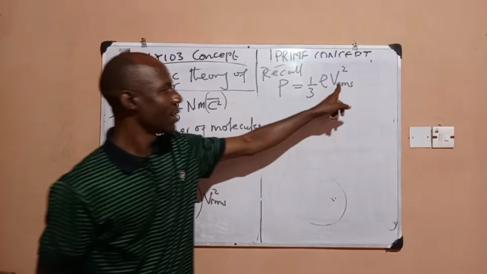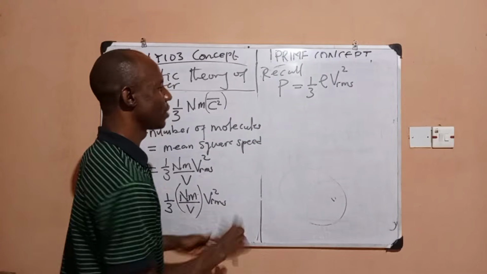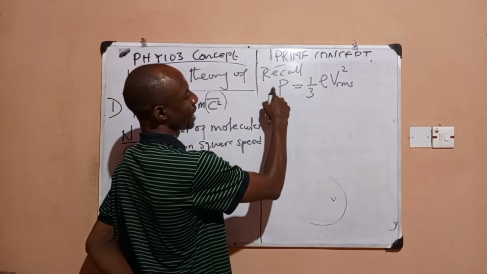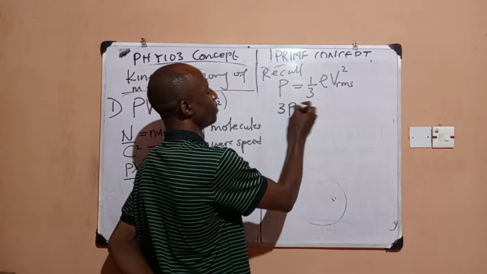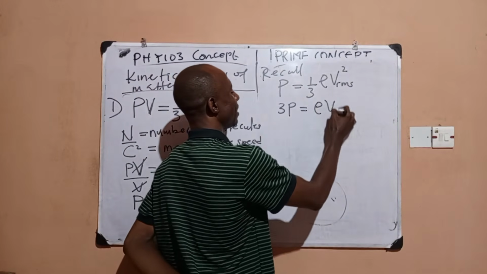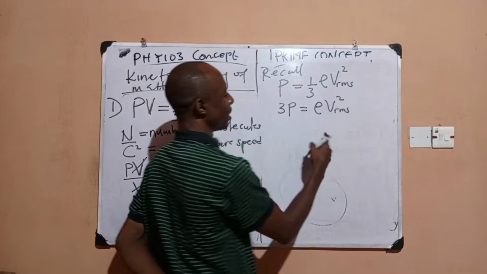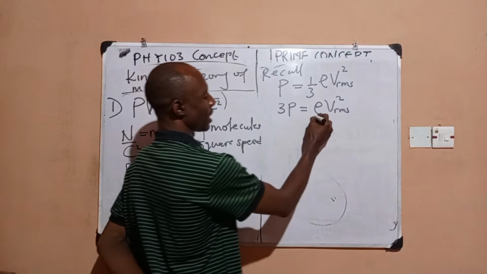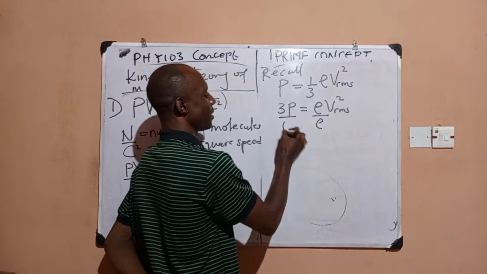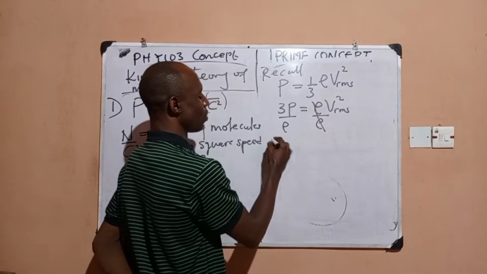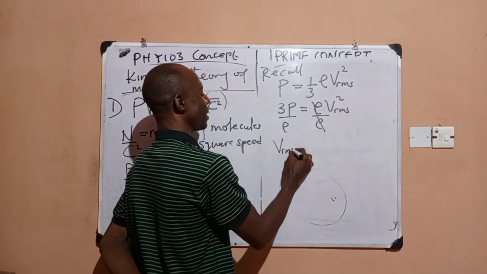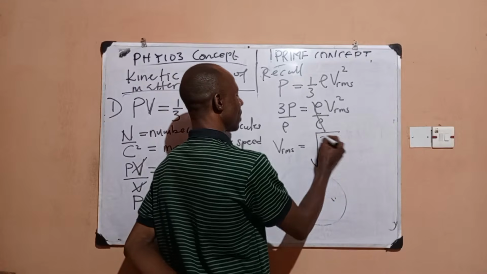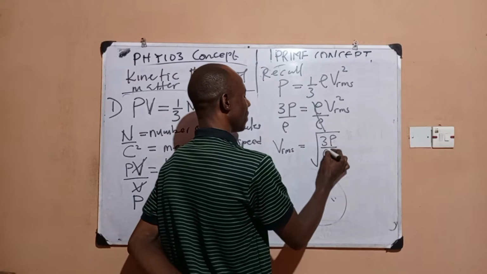So if I make RMS speed the subject, I would simply say 3 times P, which is 3P equals density times RMS speed squared. If I make RMS speed the subject, I'll have to divide by density. This will go. So I'll have that RMS speed is equal to the square root of 3P over density.